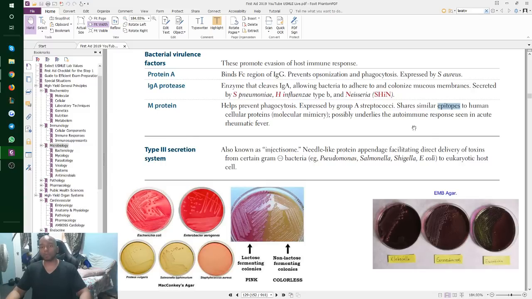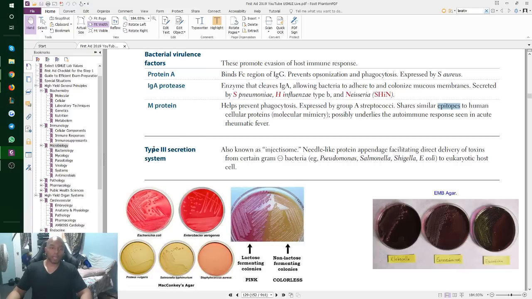But this M protein has an epitope very similar to human proteins. So you get this issue of molecular mimicry, and you start attacking your own body. So this is the possible mechanism through which you have acute rheumatic fever, the autoimmune response seen in acute rheumatic fever. We're going to see that when we get there.